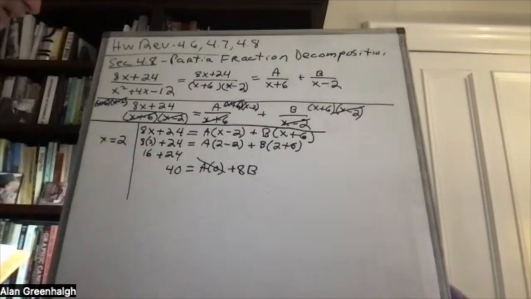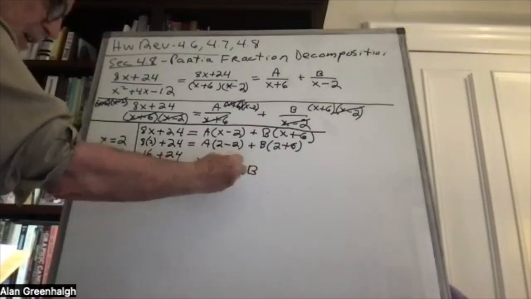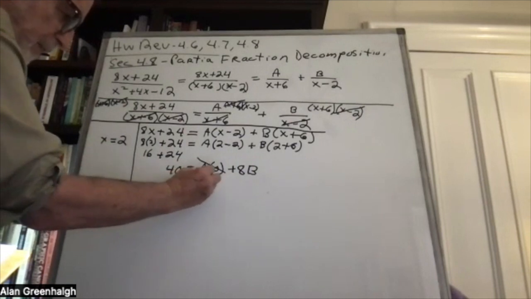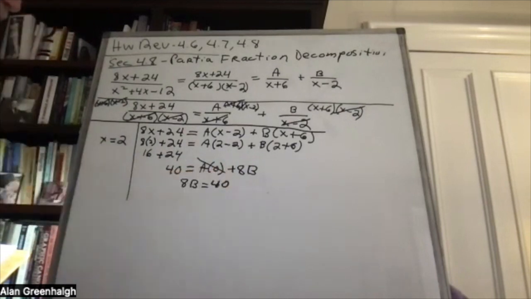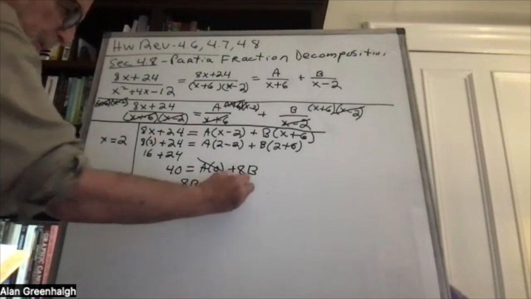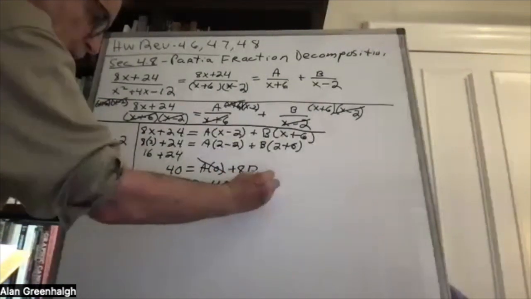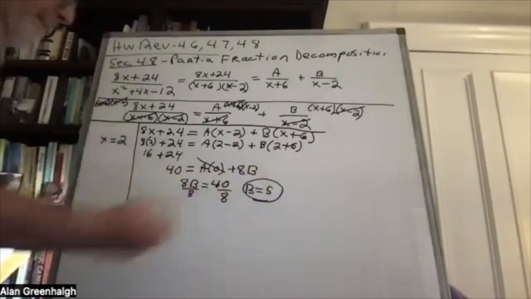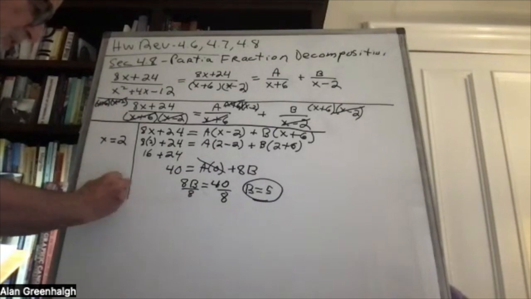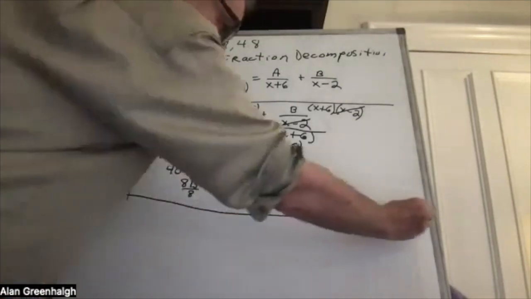So this will drop out, obviously. And here, rewriting it, because I like the variable on the left, this is what you wind up with. You divide by 8, and b is equal to 5. And I draw a line because we're finished with that part of the problem.